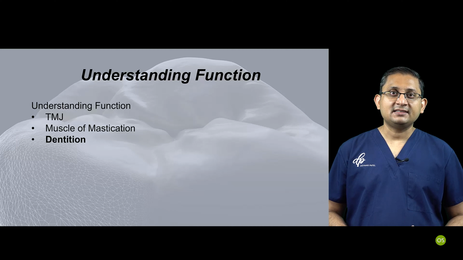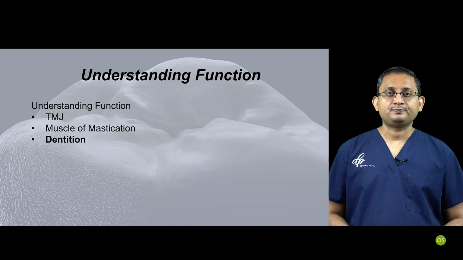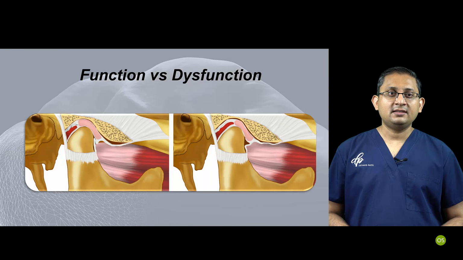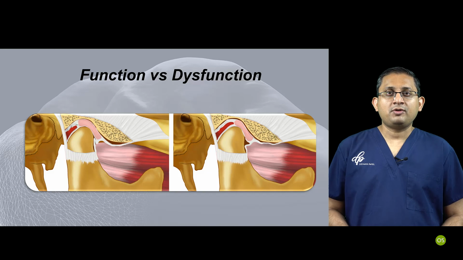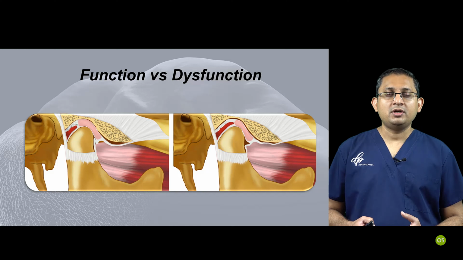If that's the case, then you need to really look at the other reasons for TMD, which we'll go through in a minute. So let's look at the function versus dysfunction. If you see on the left hand side, you see joint in function and musculoskeletal stable position, whereas on the right hand side you can see the capsule has moved, the disc has moved forward.